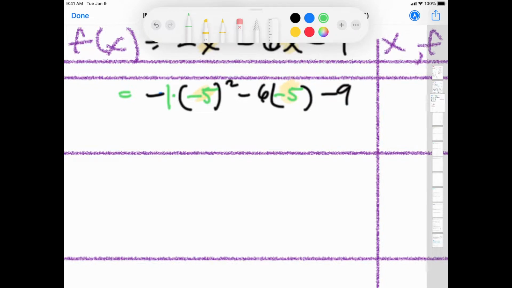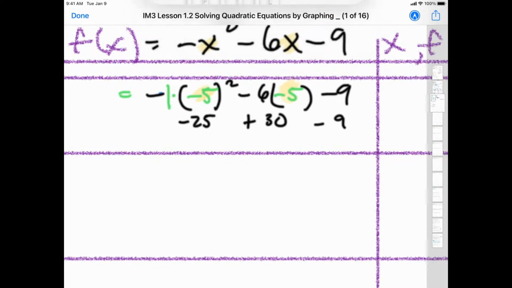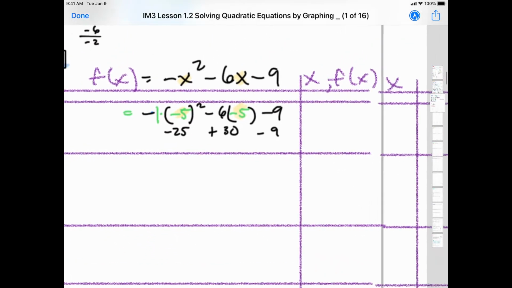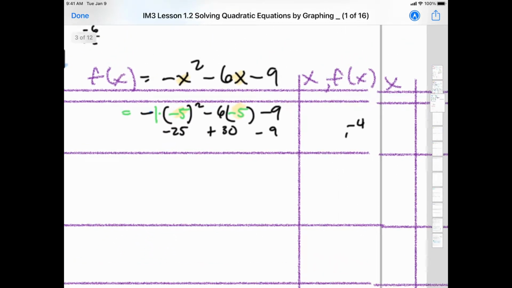So if that's the case, then you have to do that after parentheses and exponents because of PEMDAS. So that'll be -5 squared is +25, and the opposite of that is -25. +30 minus 9, and that'll become 5 minus 9, which is -4. Again, feel free to use a calculator. And what did we put in there? -5.